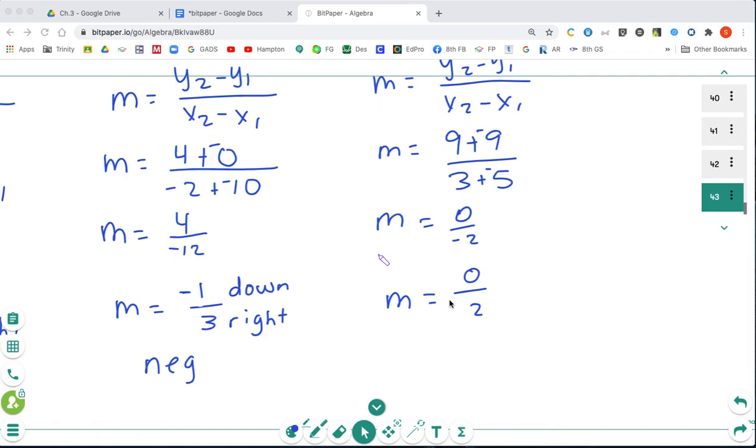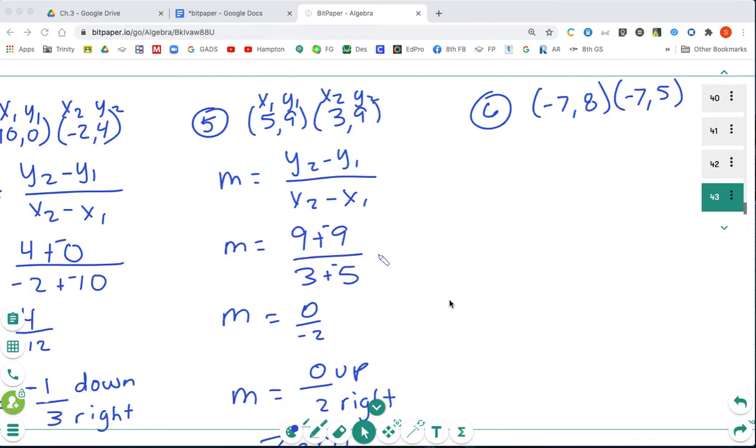So our slope is going to be up 0 to the right 2. This slope is 0.